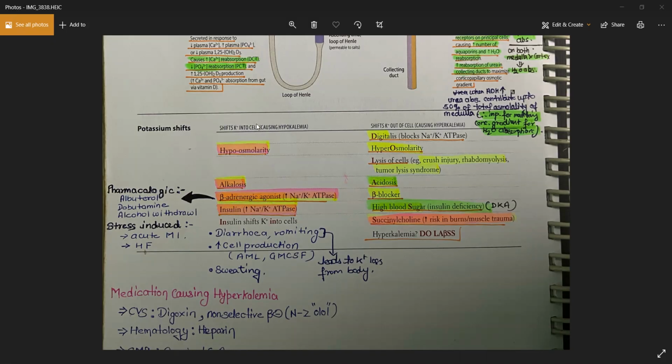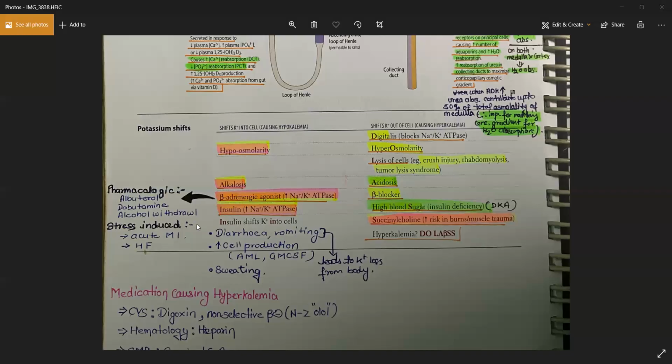They will cause hypokalemia. In hyperthyroidism, you will have more activation of beta receptors, and one of the things that you will get in hyperthyroidism is hypokalemia. So just correlate all these things together.